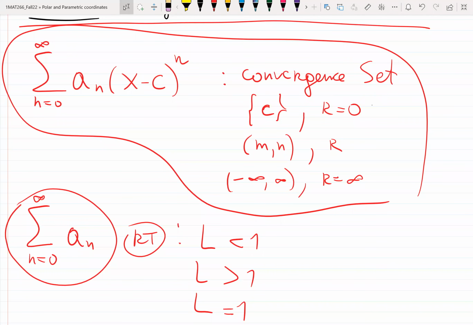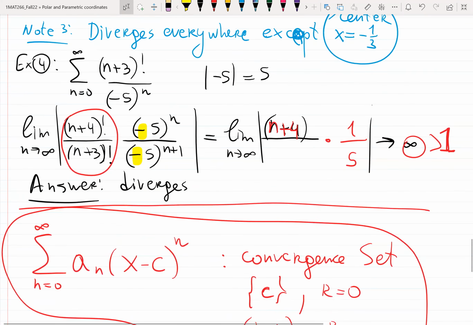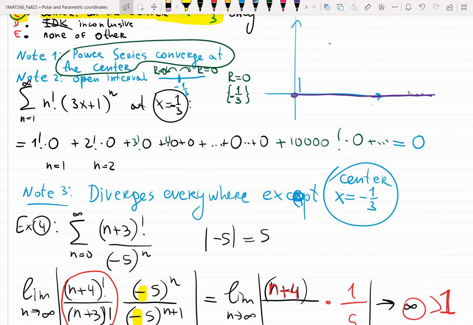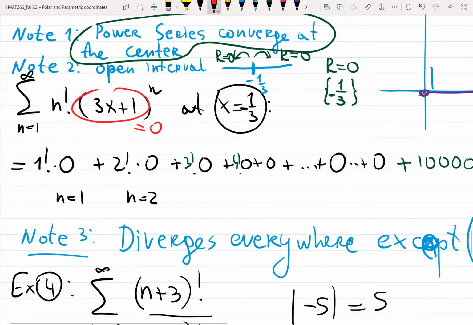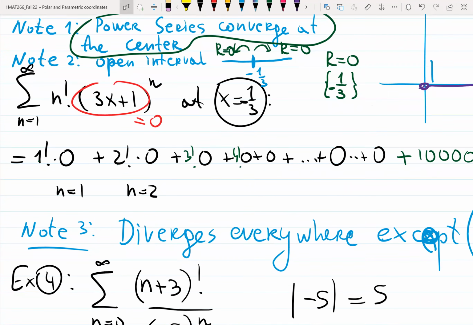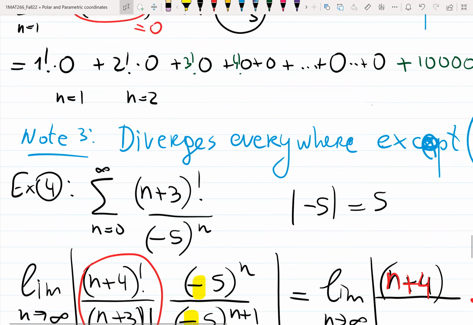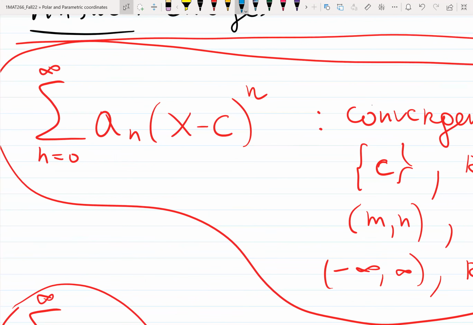I just had a quick question. Yes. So going back to the previous problem, how did you get 0 from 3x plus 1? Good question. This equals 0. The center is where, the definition of center is this. From the formula, c is a center.